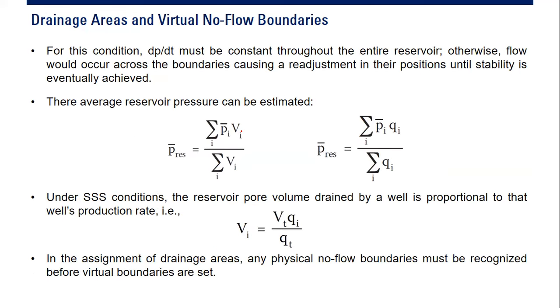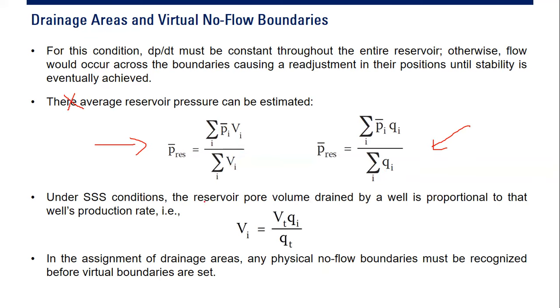Okay? And the average reservoir pressure can be estimated using these equations. So let me cross that. Average reservoir pressure. All right, so you sum up the pressure multiplied by the volume or the flow rate of each well divided by the total volume or total flow rate.